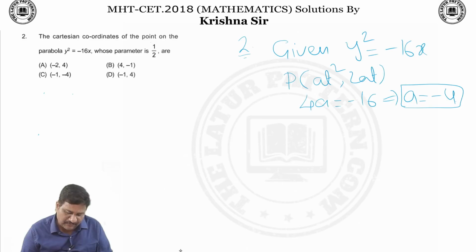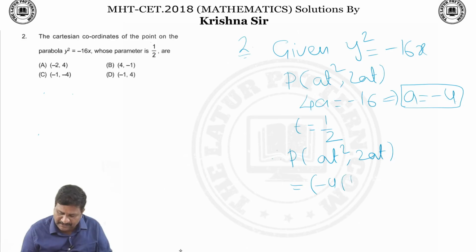Now we want to find this point where t is equal to 1 upon 2 and a is equal to minus 4. Therefore the point is (at square, 2at), with a as minus 4 and t as 1 by 2: (minus 4 into (1 by 2) whole square, 2 into minus 4 into 1 by 2).